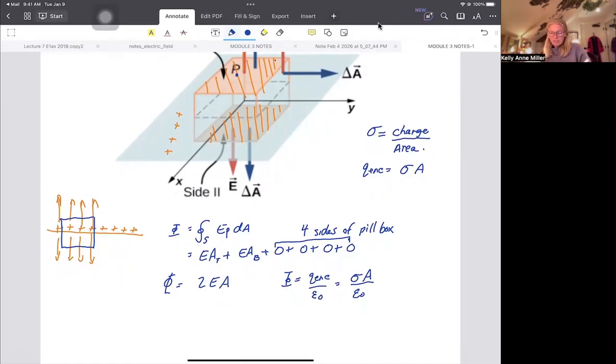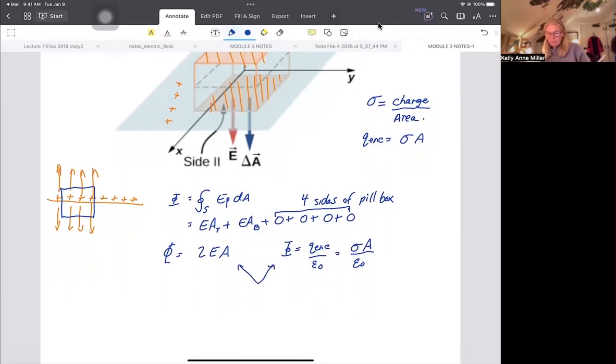And then I just set these two equations equal to each other, as I did in all the other examples. So 2 times electric field times area equals sigma times area over epsilon naught.